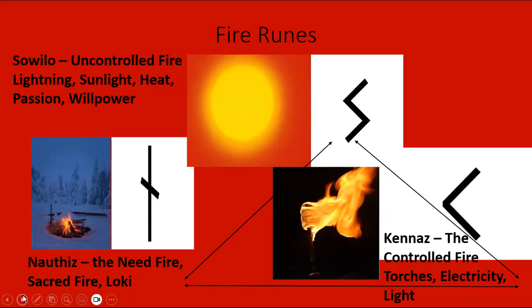And thirdly, we have Sowilo, the solar fire, the lightning bolt. This is the fire that is beyond human control. Both Kenaz and Nelthys, to some extent, are within the control of humans. Sowilo is not. Sowilo is a divine fire. It is the fire of the sun.